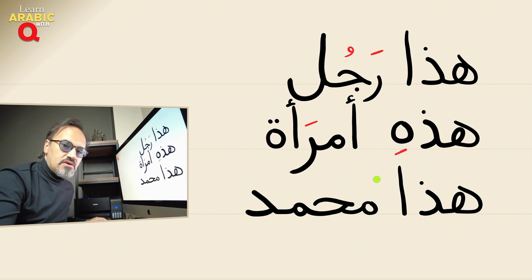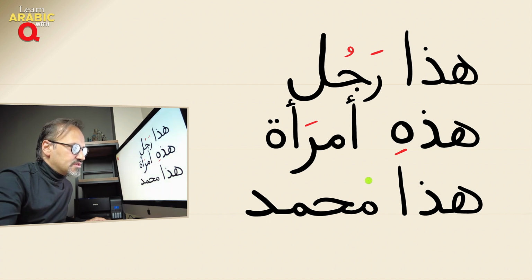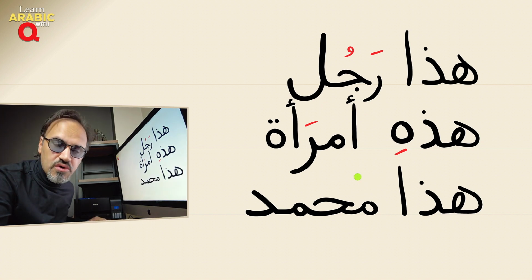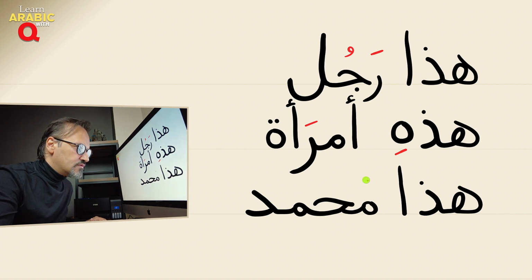Now, the name Muhammad can use some proper tashkil. Look at this. Muhammad. If it was mu, you'd put meme and then the letter waw, but this is just a little mu. Ha, fatha.